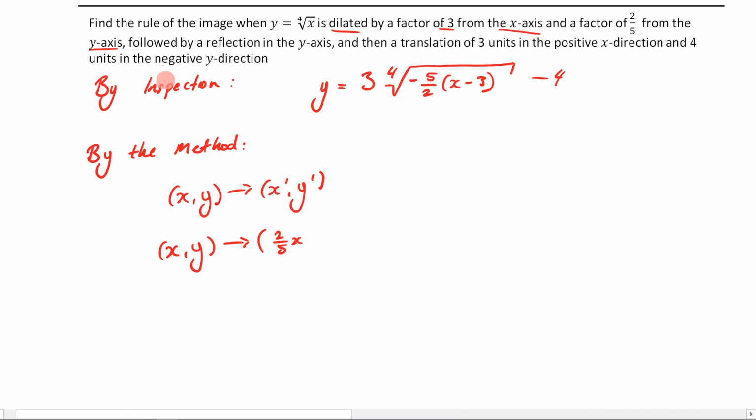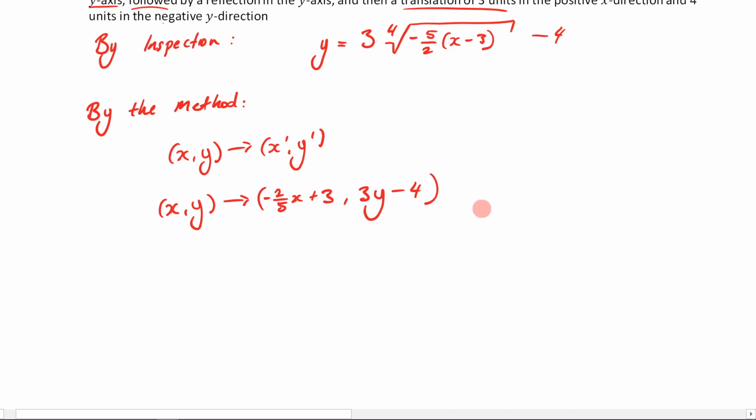So first the dilation, followed by the reflection in the y-axis, so that means it's going to be minus here, and then a translation of 3 units in the positive x direction, so that means I plus 3, and that's it for x dash. y dash is going to be 3y because of this dilation of factor of 3 from the x-axis, and then it's going to be 4 units in the negative y direction, so minus 4 here.